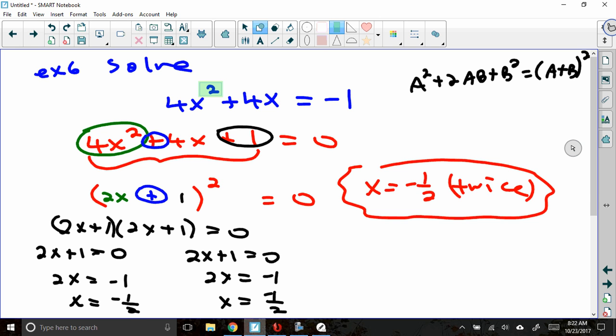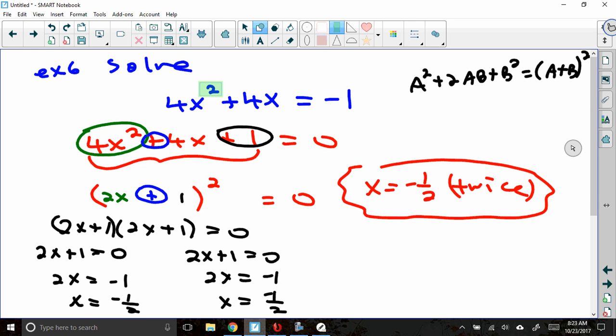Perfect square trinomials have the same answer twice. So there's not 2 unique answers, there's just one answer. And later in this chapter, we'll talk about that idea a little bit more when we talk about the discriminant. But that's not till a couple weeks out.